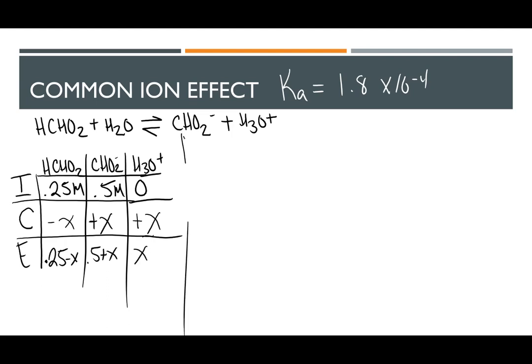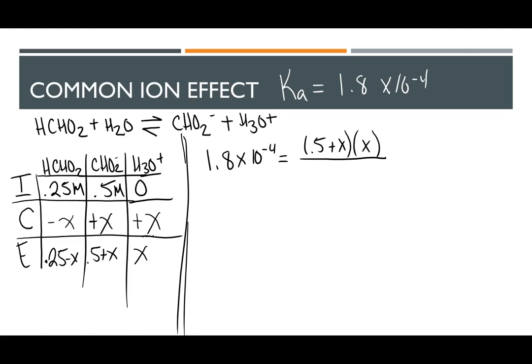Okay. So let's do our Ka equation. 1.8 times 10 to the -4th. Concentration of our products at equilibrium is going to be 0.5 plus x and x. And concentration of our reactants is 0.25 minus x.